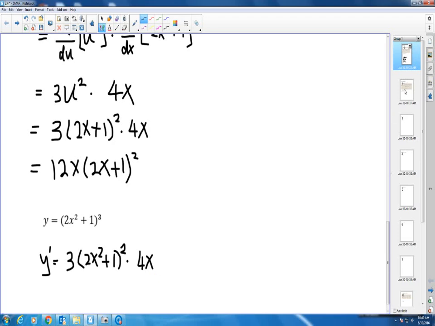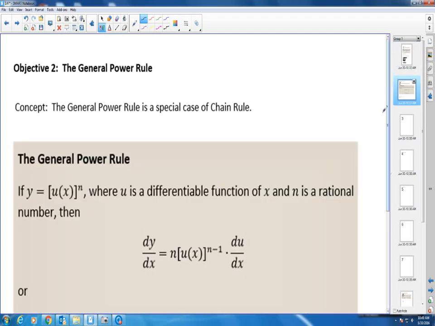Alright. So, a problem like this can be solved as a special case of the chain rule called the general power rule.